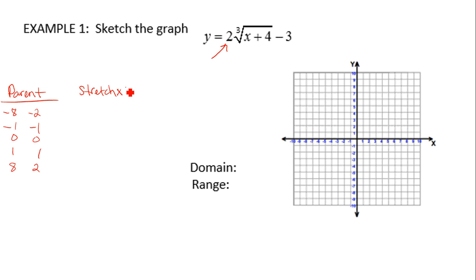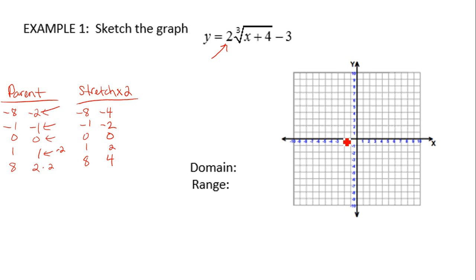So stretch times 2. We're going to keep the same x values of our little table, but we're going to make the y values 2 times taller. So instead of being at -2, now it's at -4. Instead of being at -1, now it's -2. 0 multiplied by 2 is still 0. 1 gets multiplied by 2, making 2, and 2 gets multiplied by 2, making 4.